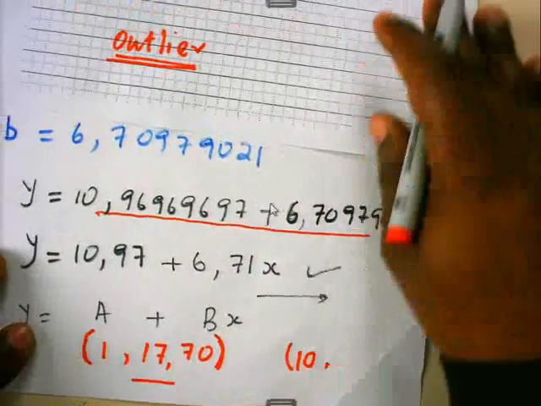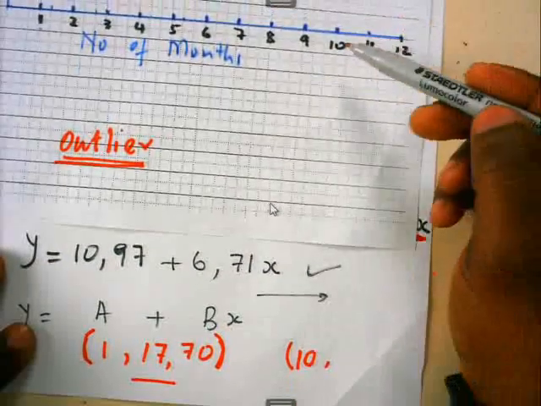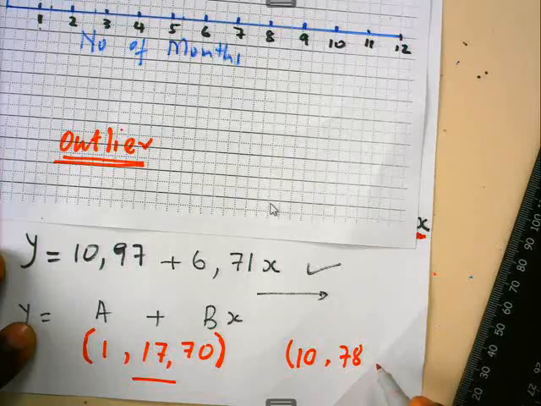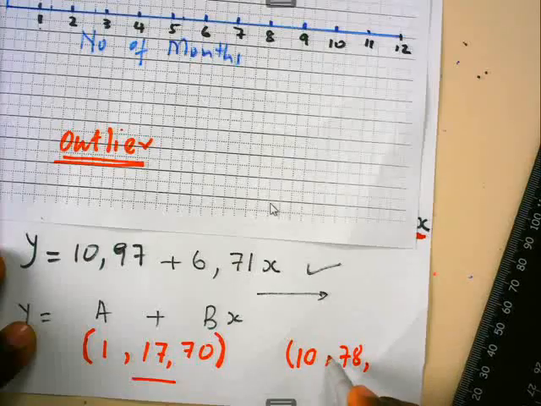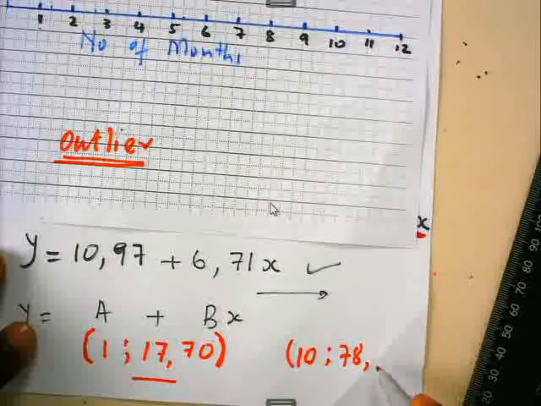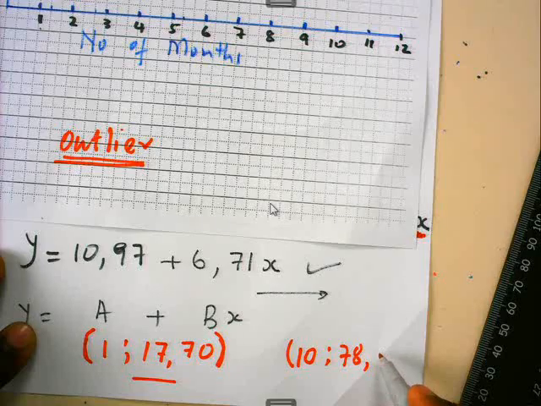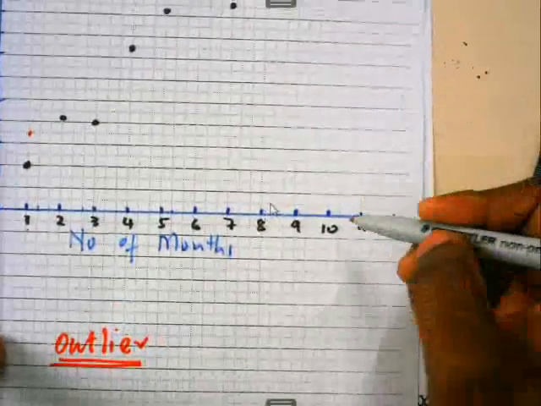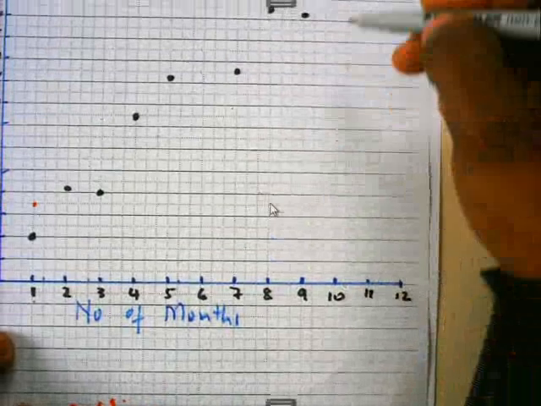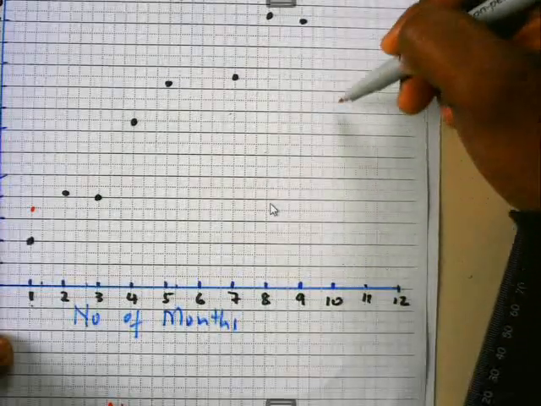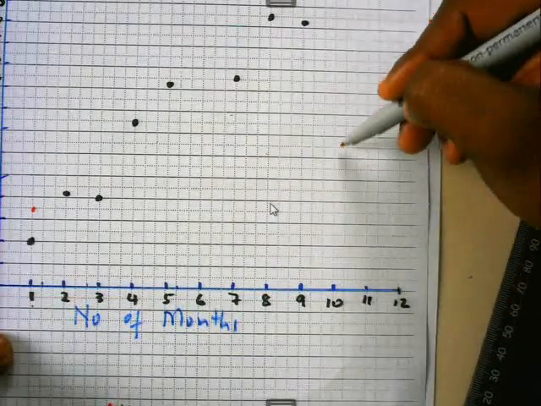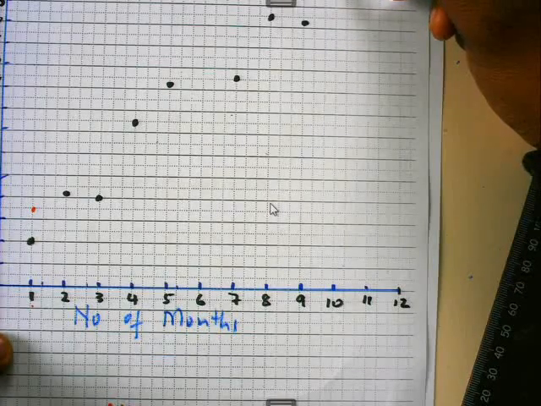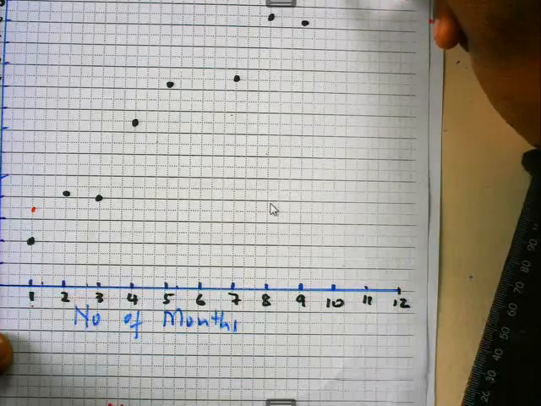When you put 10 for x, what we get is 78.07. If x is 10, then y becomes 78.07. Here we are, 10, and 78 point. There we are.